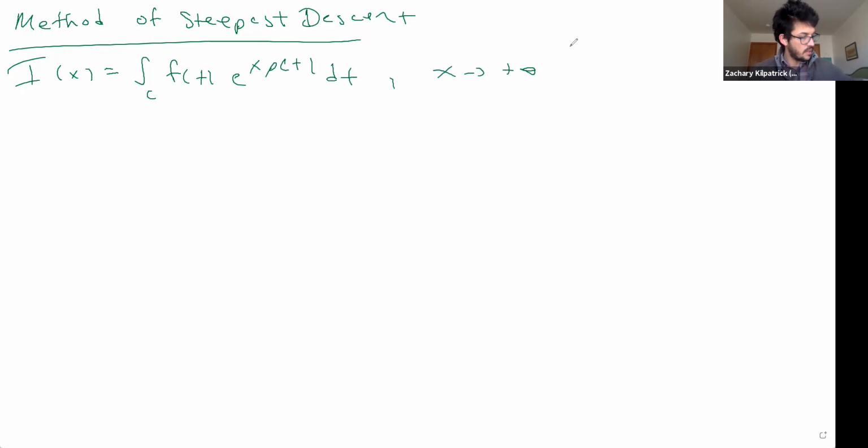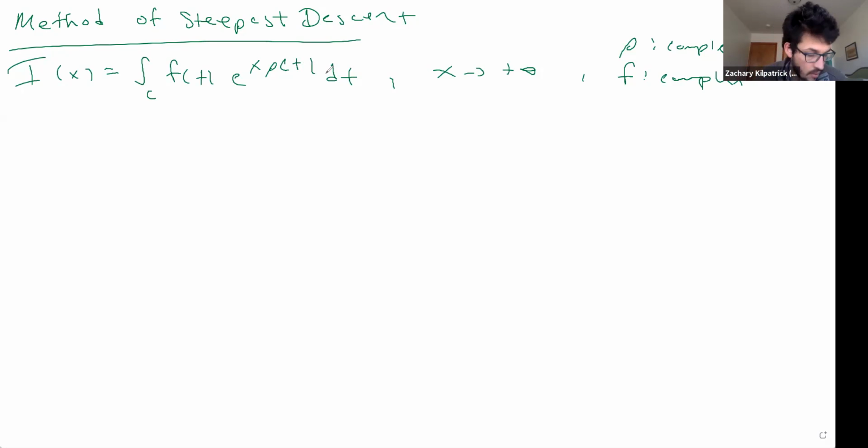The idea is that, for rho complex and f complex, you want to find the place where you have a critical point of rho of t, in particular where the imaginary part of rho of t is constant along some contour passing through that critical point, and where the real part of rho of t descends essentially like a Gaussian does, the steepest possible Gaussian that you could have there.